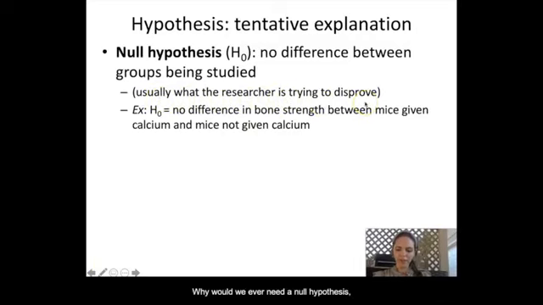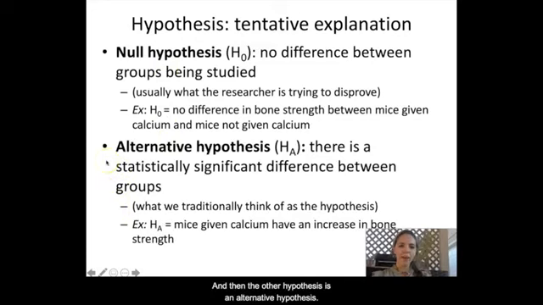Okay, so why would we ever need a null hypothesis, or why are we talking about a null hypothesis? This is actually very helpful in some statistical analyses, and we'll actually use that and see that later on in this course. And then the other hypothesis is an alternative hypothesis. This states that there is a statistically significant difference between groups.